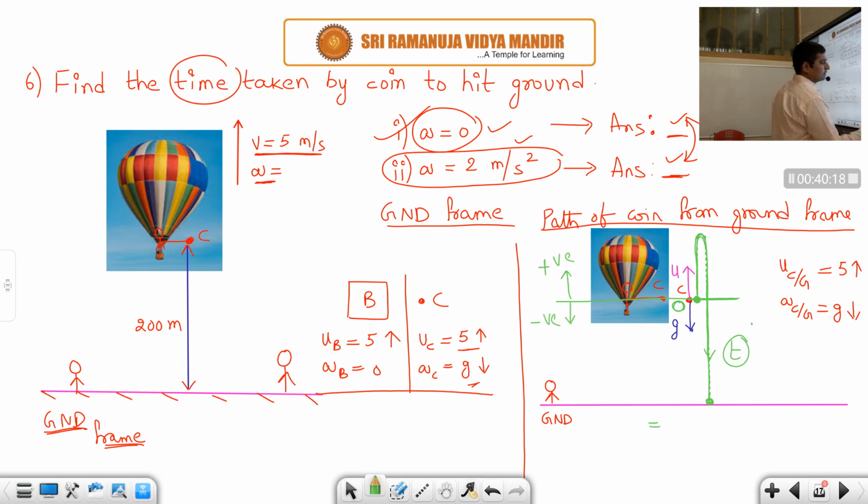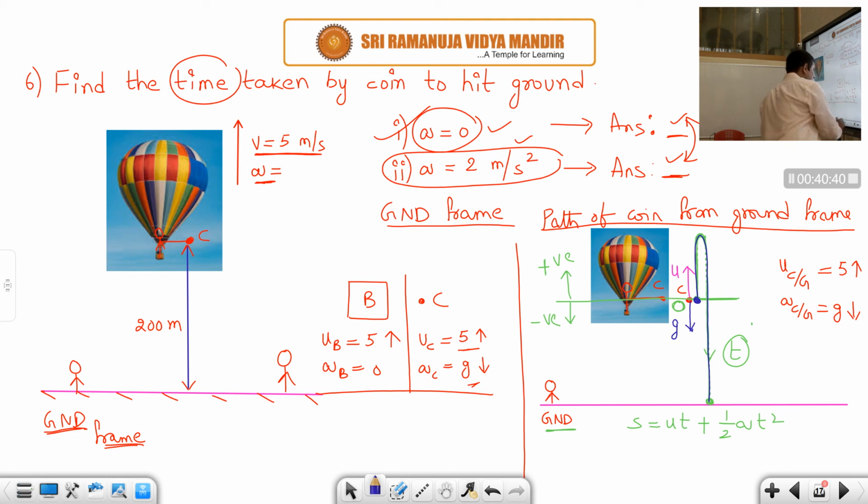So we'll use the equation S is equal to ut plus half at square. I am solving from the ground frame only. So what is S here, students? It is the displacement from here to here. By the time the body goes from here to here, what is the displacement?